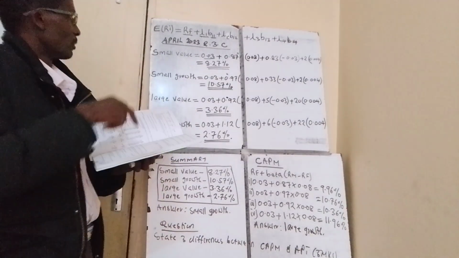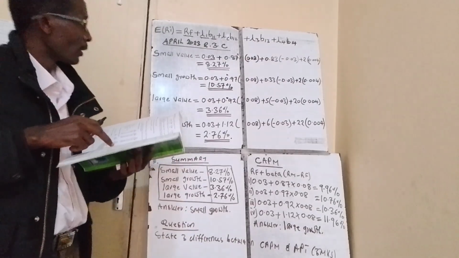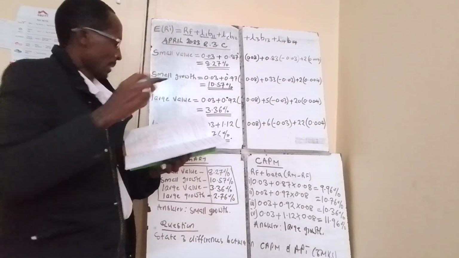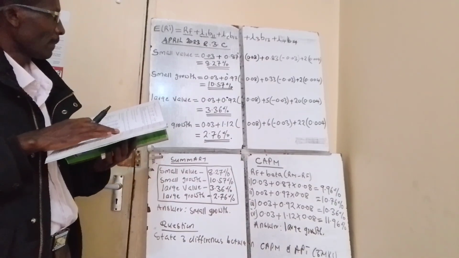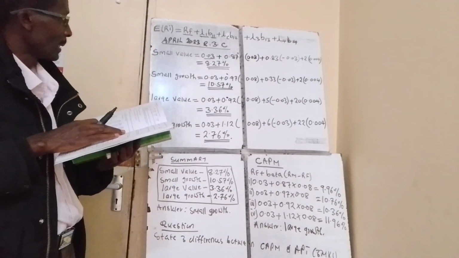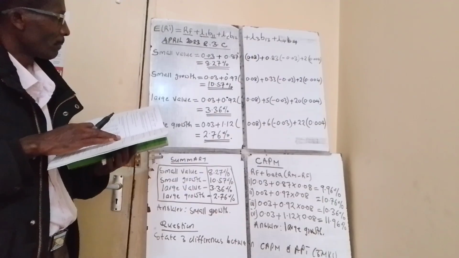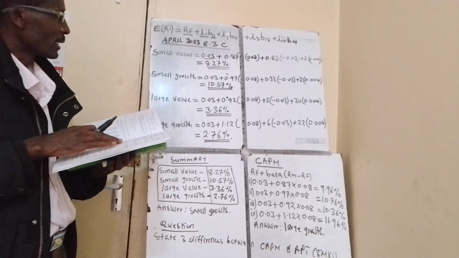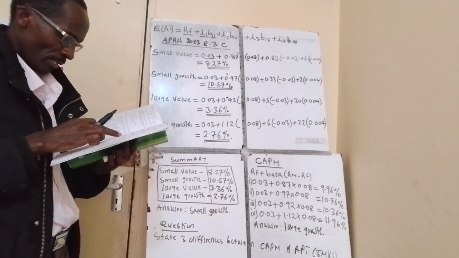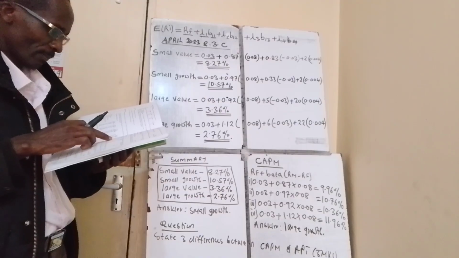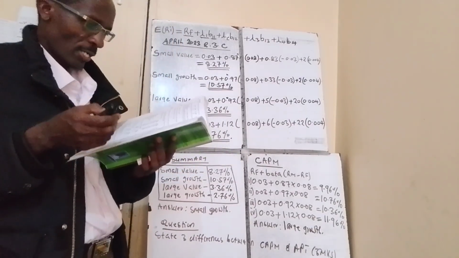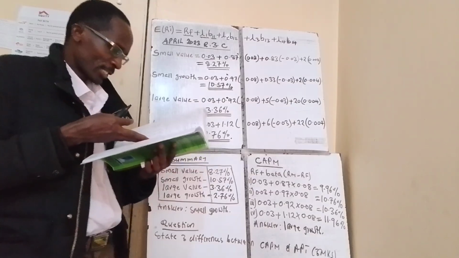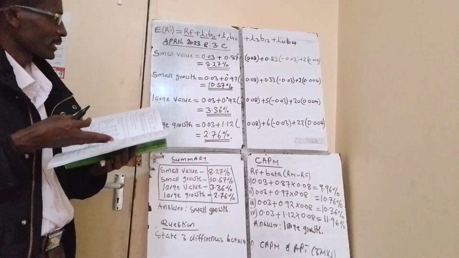So 0.03 plus the market beta 0.87, you multiply by the risk premium. The risk premium has been given as 8%, just below there. If you go to sensitivity to factor 1, that is the market beta, you can see the risk premium is 8%.